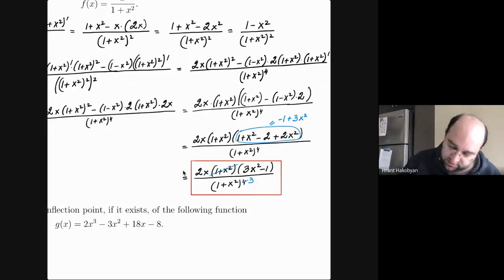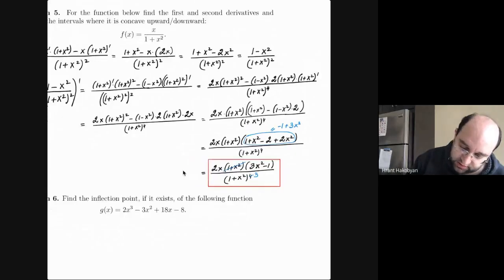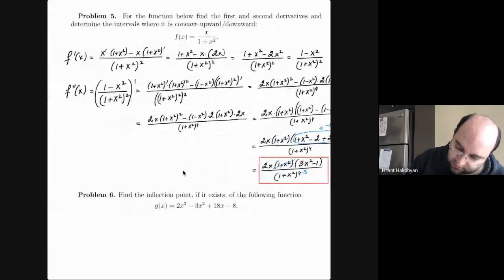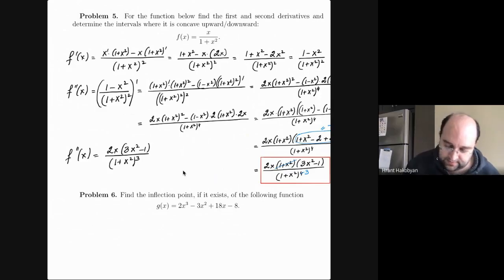So the answer in reality is, let me write it here, the second derivative f double prime of x is 2x times (3x squared minus 1) divided by (1 plus x squared) to the power 3. So that's my second derivative.